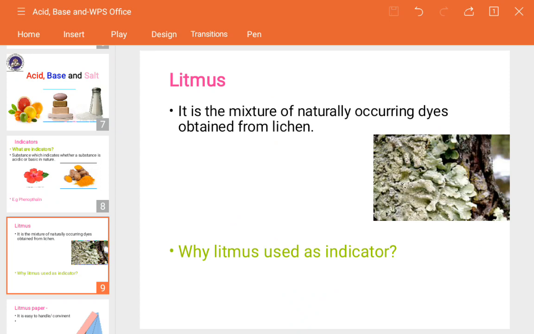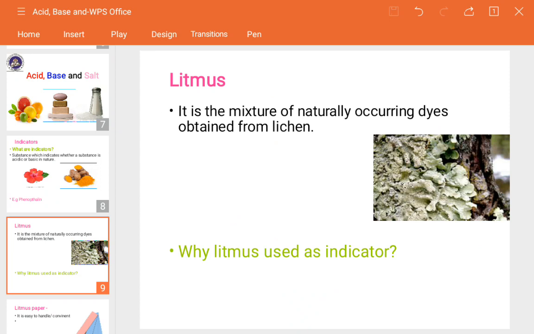After that, add this litmus indicator. What happens? It will change its color, which shows whether that substance is basic or acidic. Getting it?